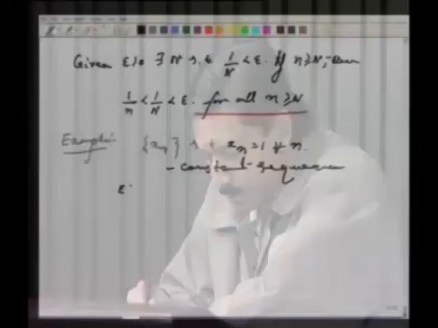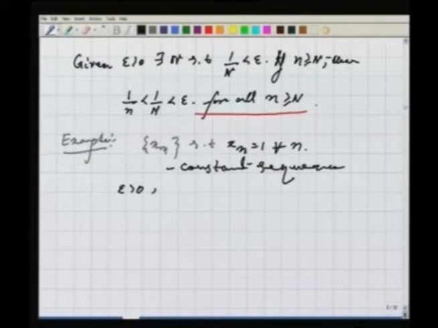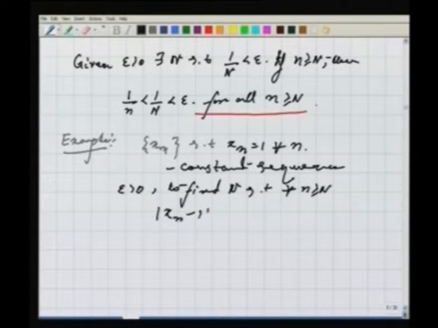Well, the verification is very easy. You start with any epsilon bigger than 0 to find a stage N such that for all n bigger than or equal to capital N, mod of xn minus 1 is less than epsilon. This is what I am going to show.